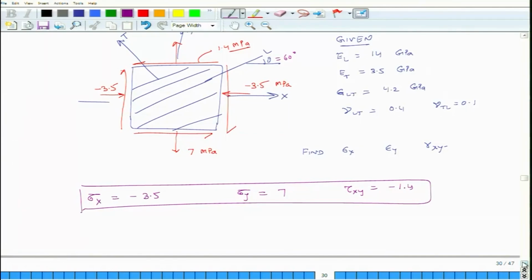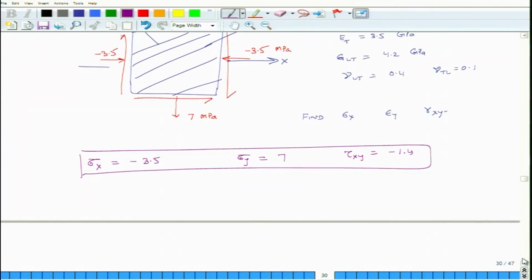So, given this value of theta, we first calculate Ex, Ey, Gxy and so on and so forth.